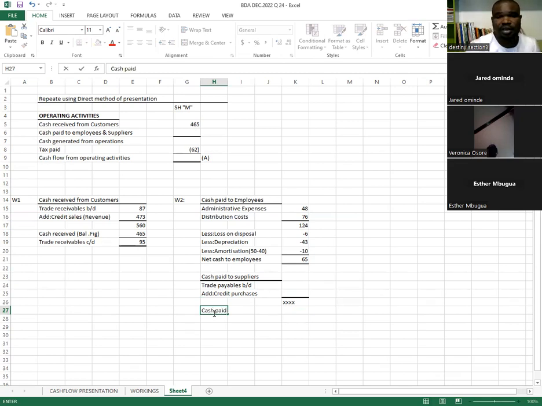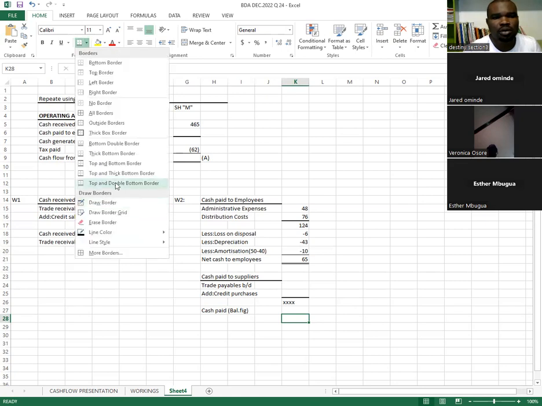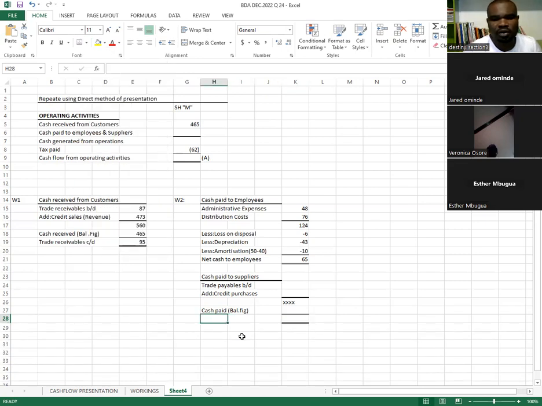That is the cash paid, which is your balancing figure. So you will have the balance carried down.